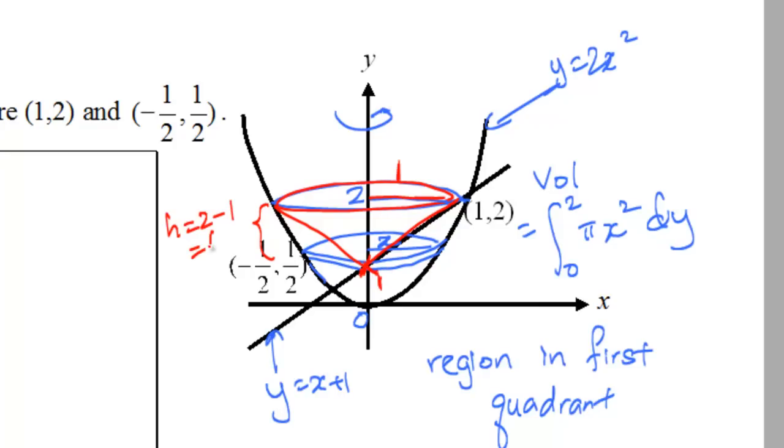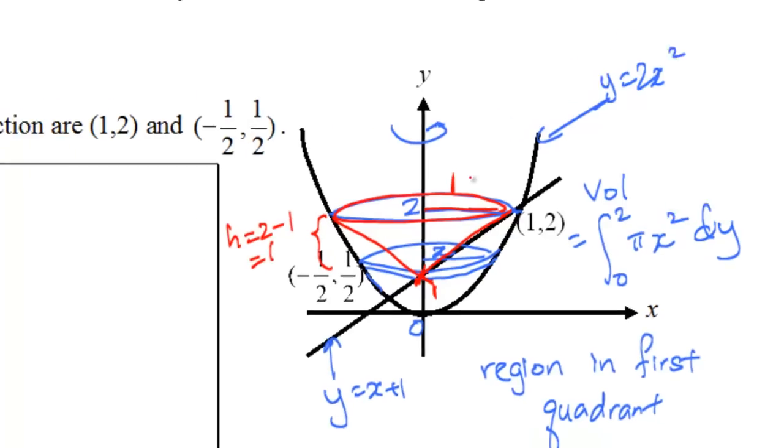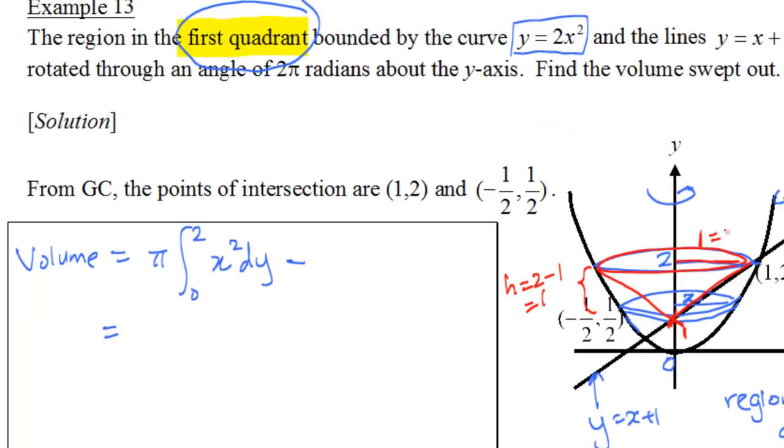So it's 2 minus 1 equals 1. So the radius of the cone is also 1. So the volume of the cone should be 1/3 pi r squared, r is 1, r squared, height is 1 as well.